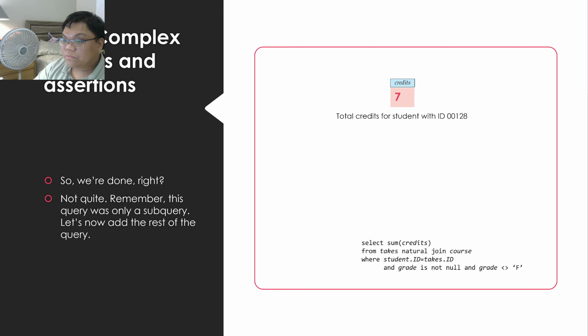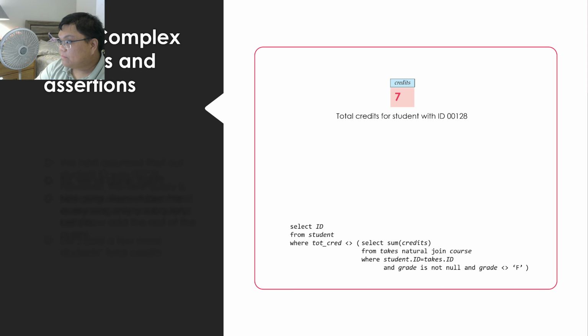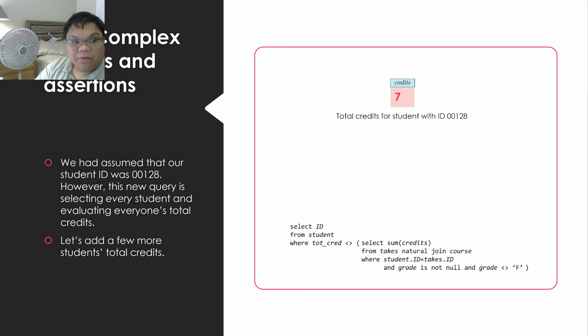And there we go. We're not done yet because this query is supposed to be part of a larger query, and this is the rest of that query. Select ID from student where total credit does not equal the subquery. So, we had assumed that our student ID was 00128, but stop pretending that because now we need to apply this to every student.